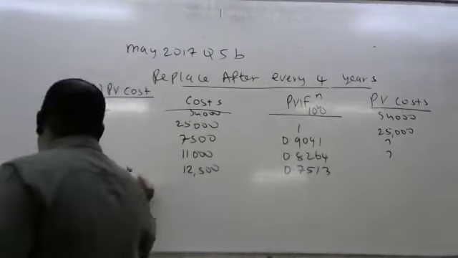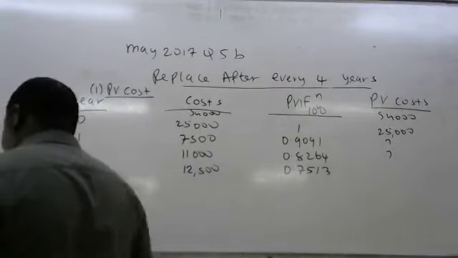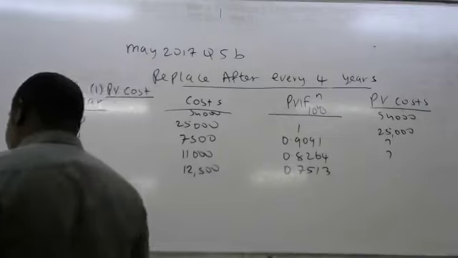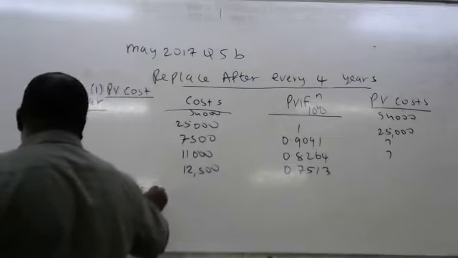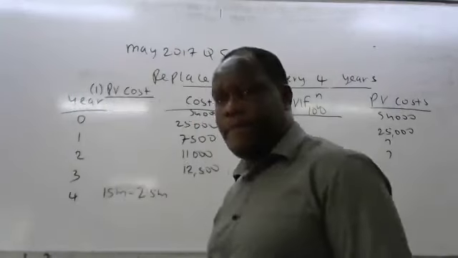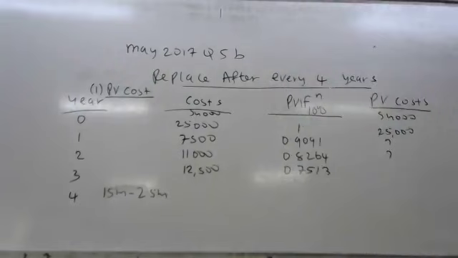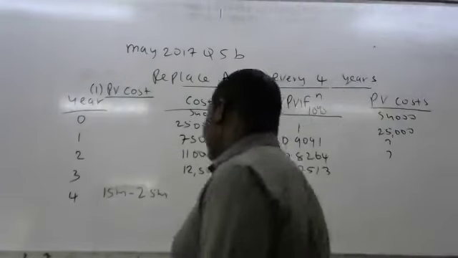So when it comes to year 4, we minus the resale value. The resale value is 2.5, so this one will be 12,500.